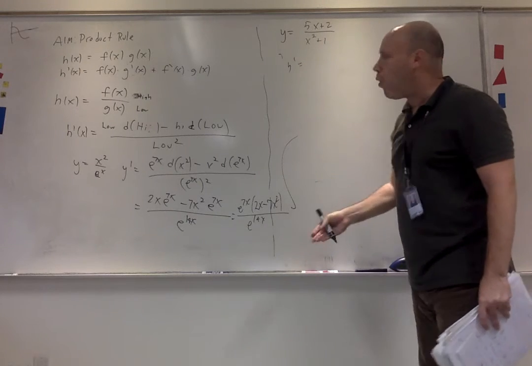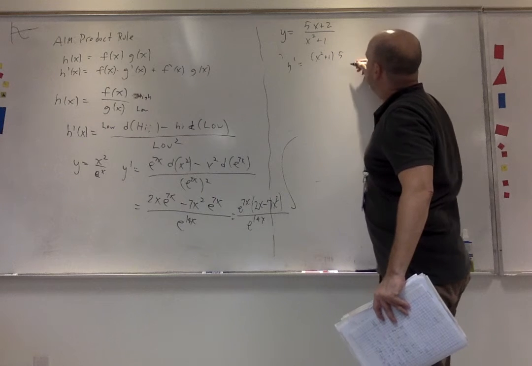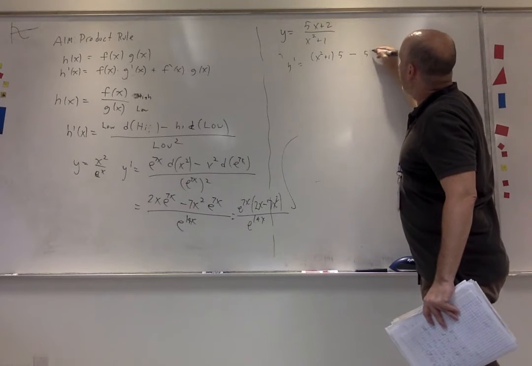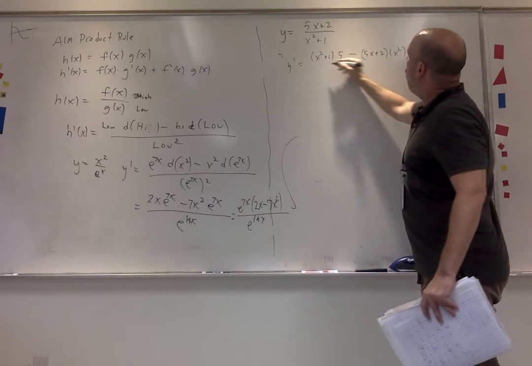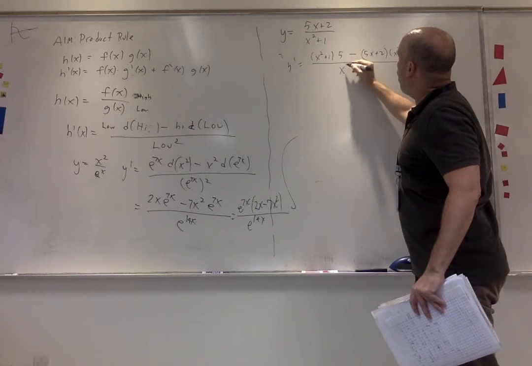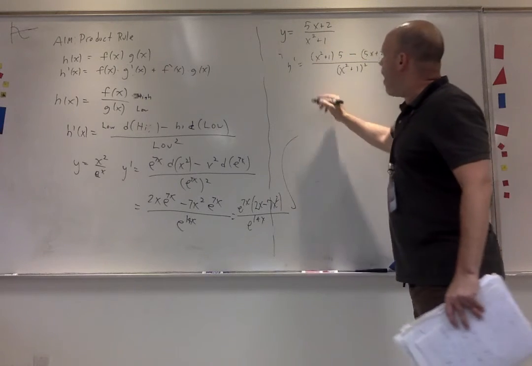Just follow the rule. Low d high minus high d low, all over low squared. Clean the numerator up and you're good to go.